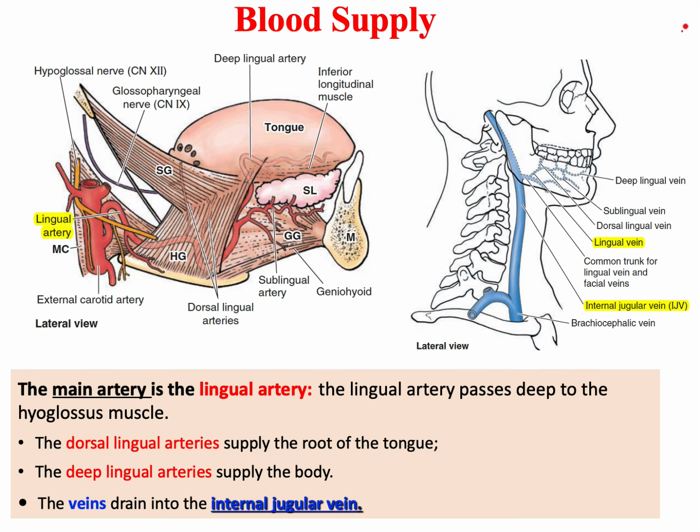Let us shift to the blood supply of this important structure, the blood supply of the tongue. Well, I would say the main artery that supplies the tongue is the lingual artery. As you see here, the lingual artery is a branch of the external carotid artery.